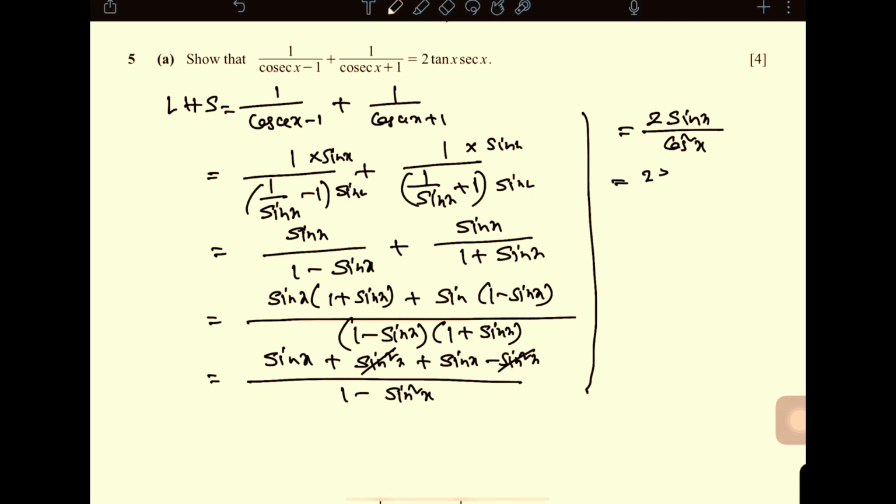Then finally we can write sin x by cos x, and then 1 by cos x. So it will be 2 tan x and then sec x. So this is the right hand side, and this is shown.